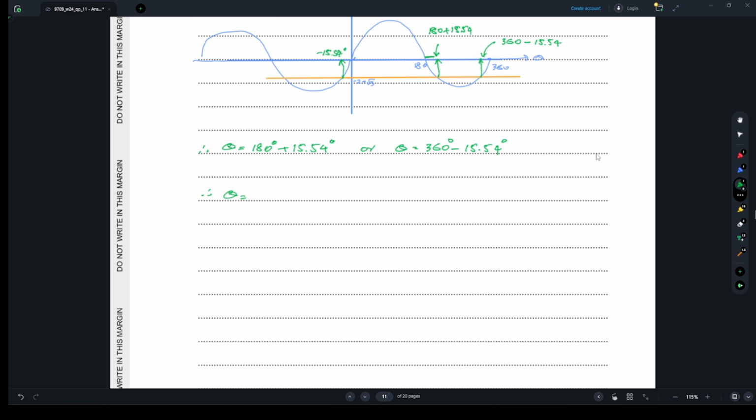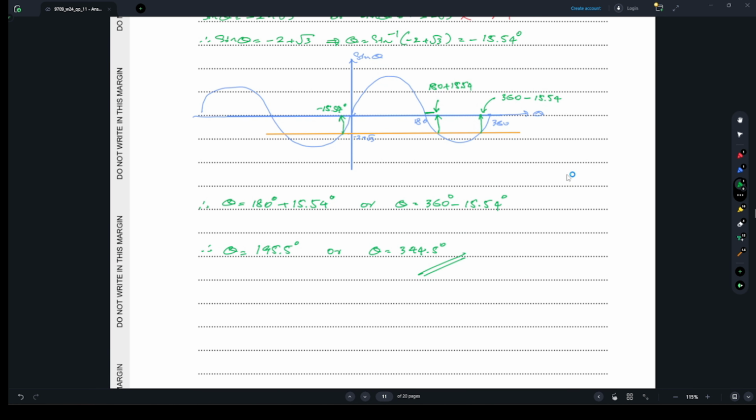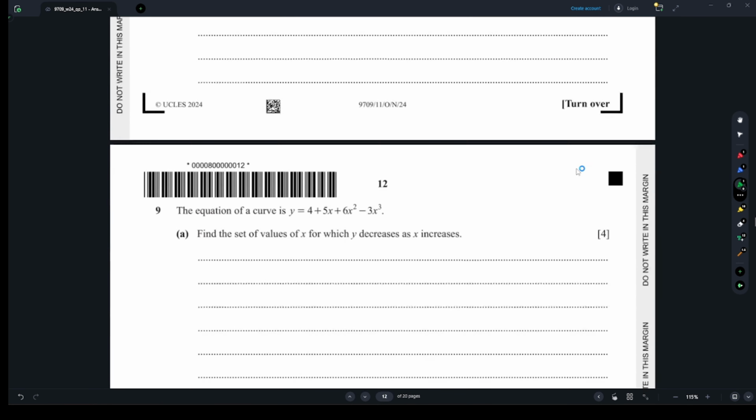So then it is 195.5 degrees, or theta equals, the difference is 344.5 degrees. So this is the answer. I hope you guys understood well, and let me know if you have any doubts.